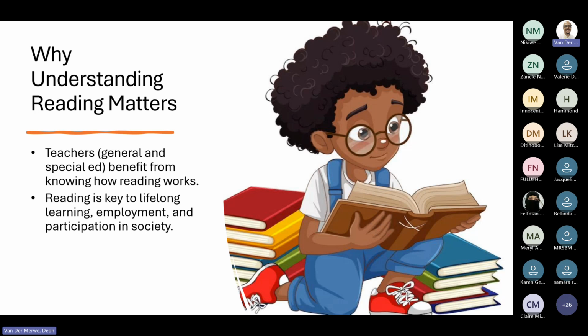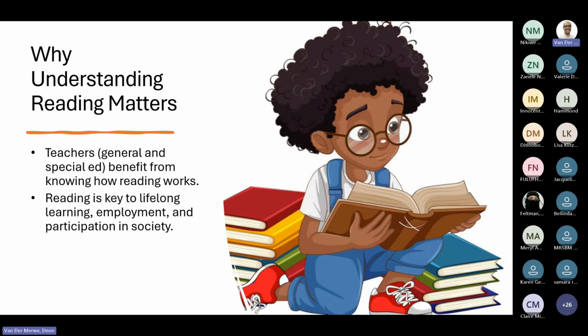And so how we understand reading from a cognitive view is quite important as assessors, because from a cognitive psychological perspective, as Dr. Fourie has indicated, reading is not just about decoding letters.